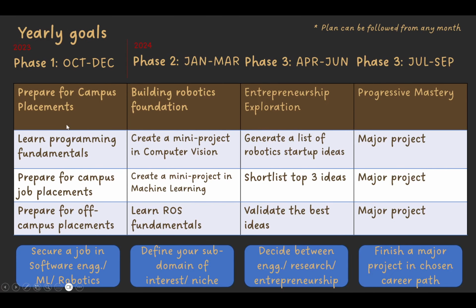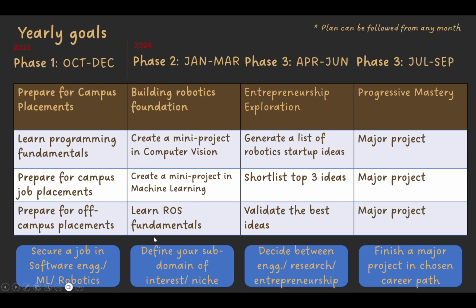Prepare for campus placements, learn programming fundamentals, prepare for campus job placements, prepare for off-campus placements, and create a mini project in computer vision, a mini project in machine learning, and ROS fundamentals. So 1 month each, really small projects, just so that he gets more exposure to a lot of different domains and he can find out his niche.